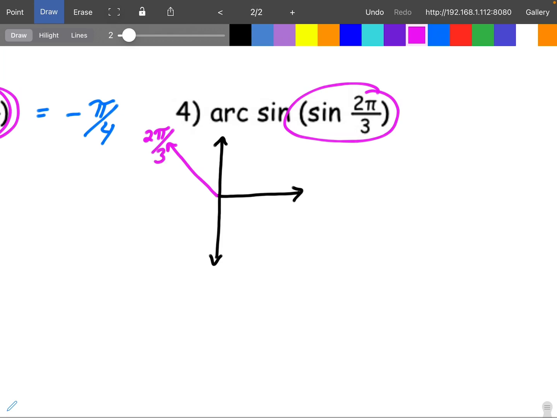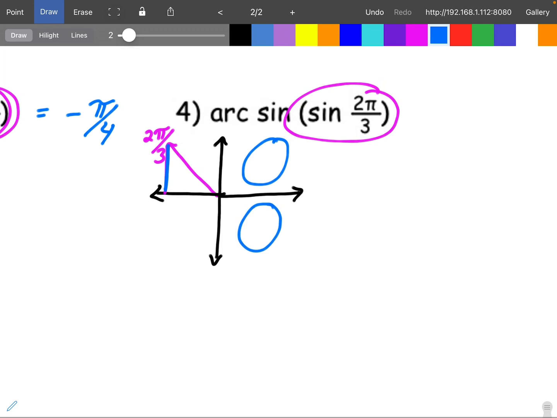So if this is 2 pi over 3, and we've got to really think about this one. Remember that sine is y. So I'm going to go ahead and draw my other part of the axis just so I can see. So sine is y. So if I go ahead and complete that triangle, then I am looking for somewhere in these two quadrants where I'm allowed to have arcsine that would have the same y value as this triangle right here.